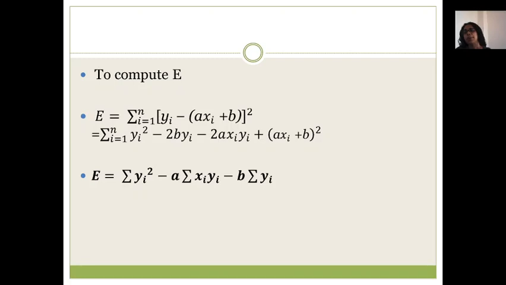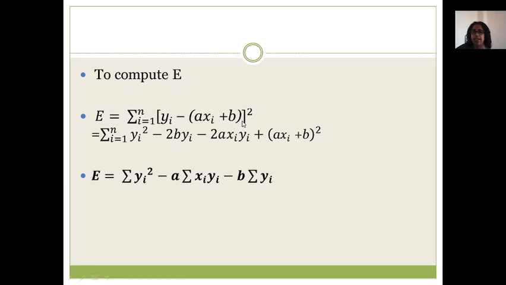Now we can compute E. What is capital E? It is the difference between the observation and the expectation, so yi - axi - b. It should be the sum of the squares of residuals. Go back and you can see what small ei is, and the small ei squares.